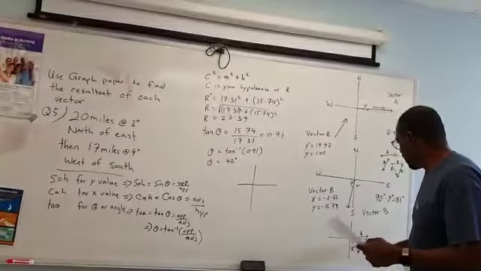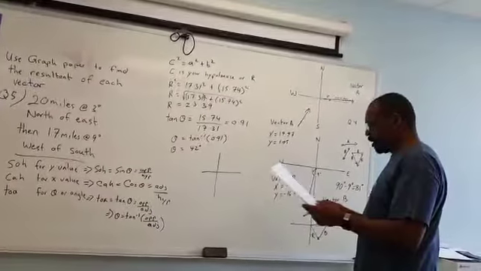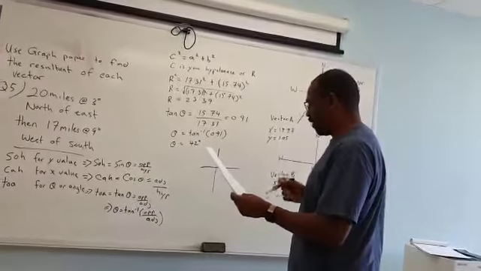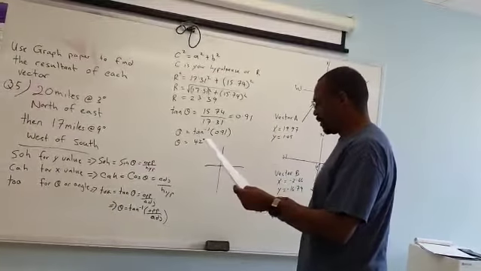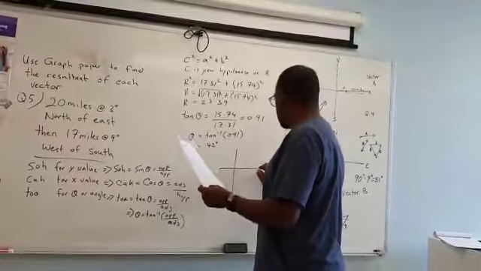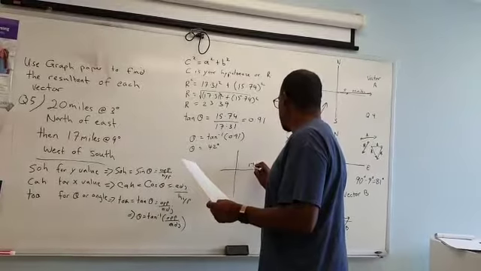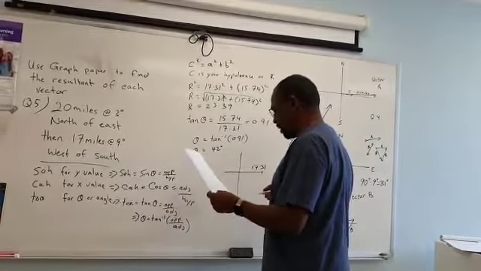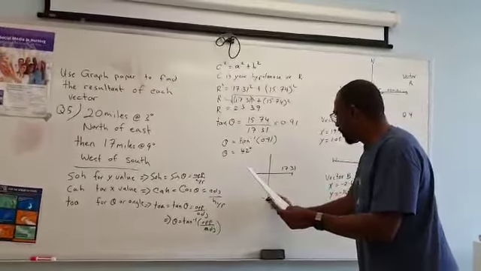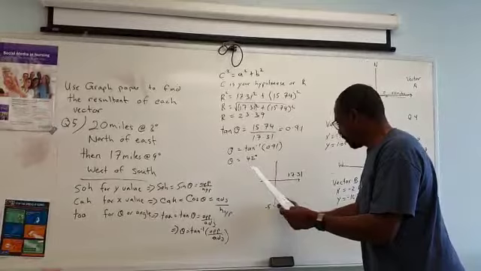But we know that it should be in this quadrant because the Ry value is negative from the previous calculations. So the Rx is 17.31, this distance, and then you come down on the y value, negative 15.74.